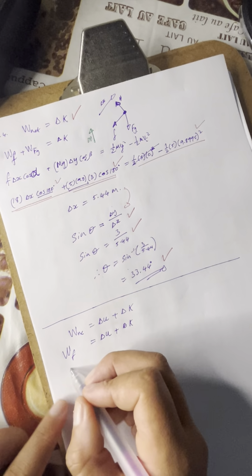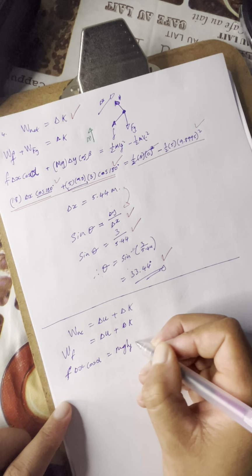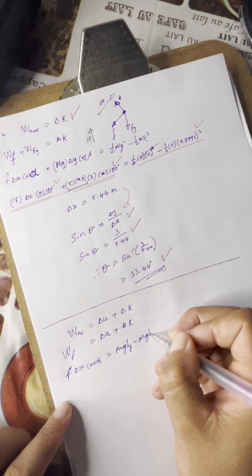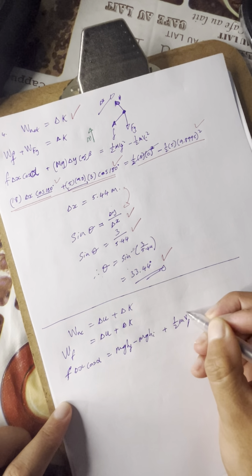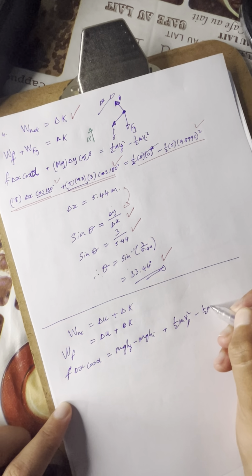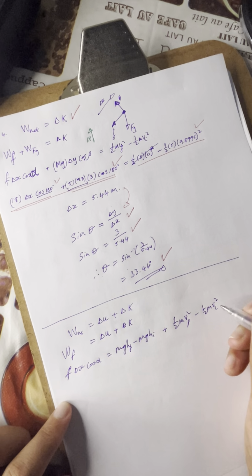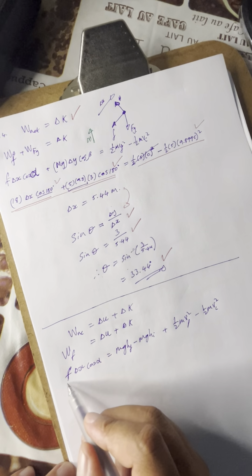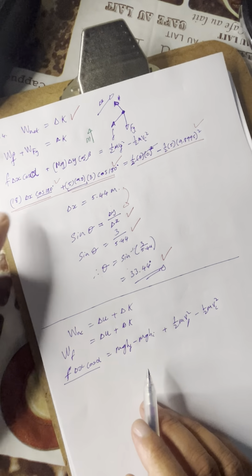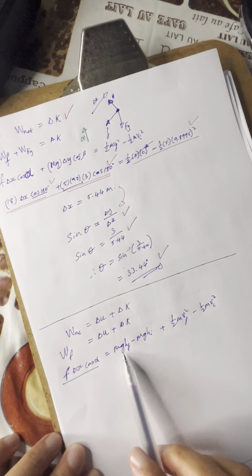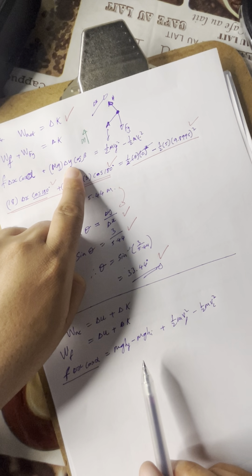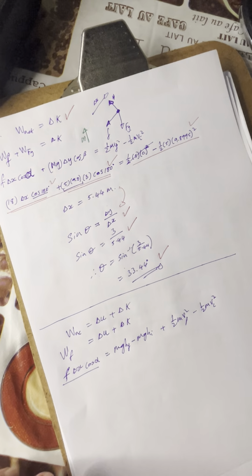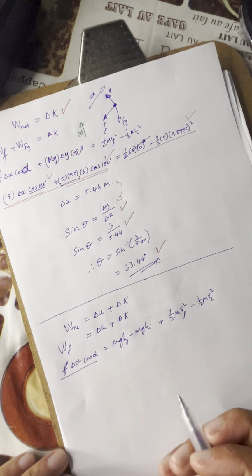This is mg final h minus mg initial h plus 1 over 2 mv final squared minus 1 over 2 mv initial squared. This part in the other formula would be that part. This whole part will represent the work done by the weight. But let's just substitute and see.